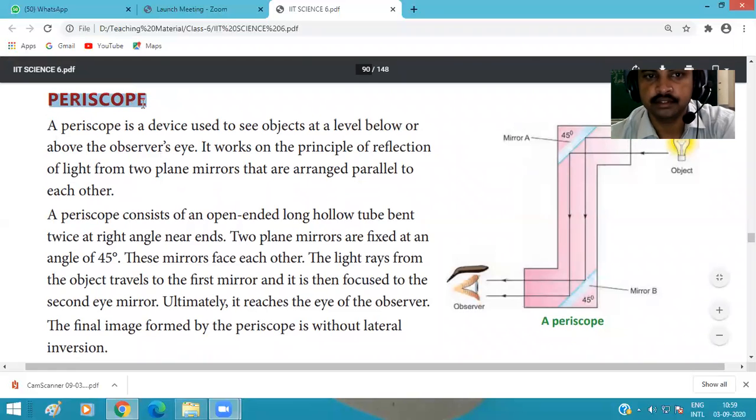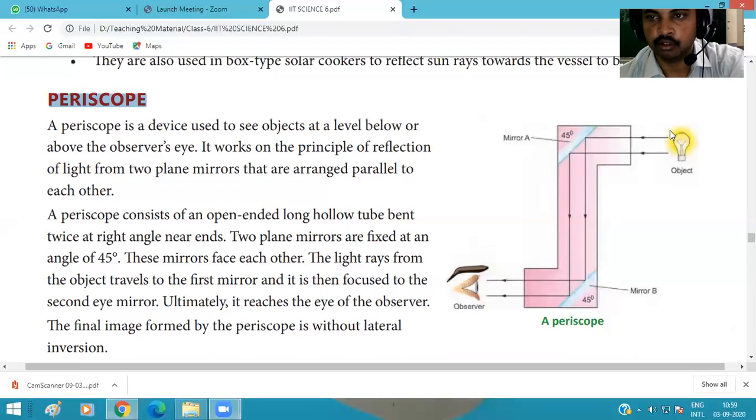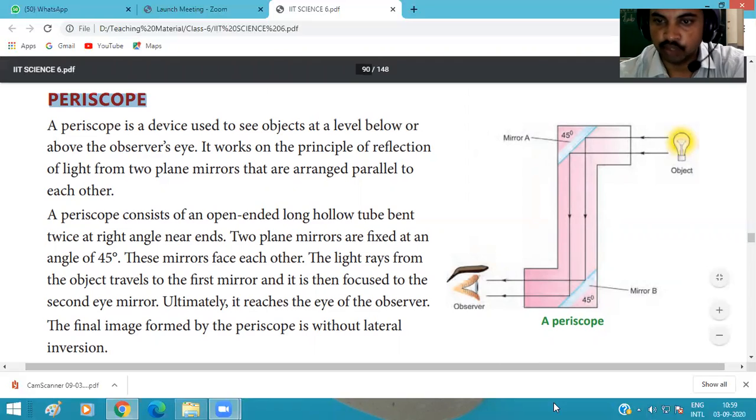It is a device which is used to see objects which are present above or below the level of the observer's eye. Suppose the observer's eye is here and the object is here, or in the other condition, the object is below the observer's eye. In both cases, this device is used to see the image of these objects.